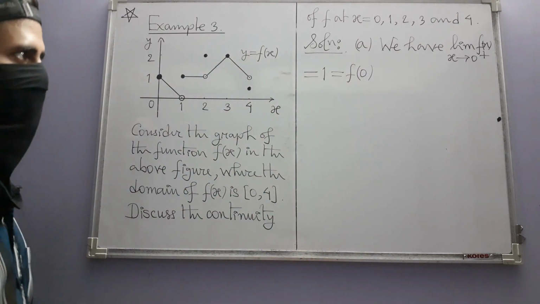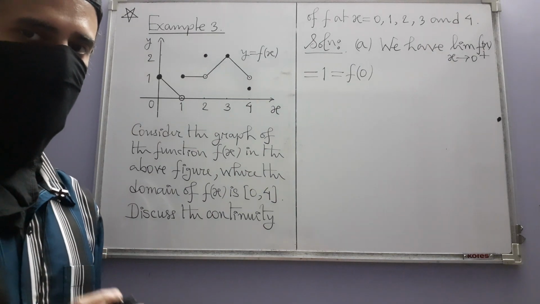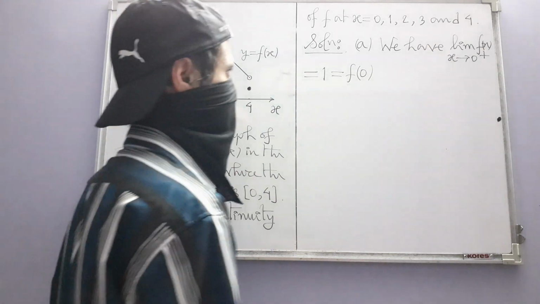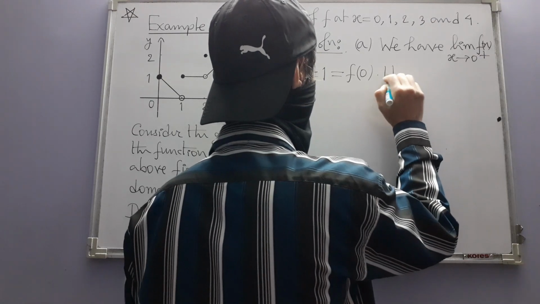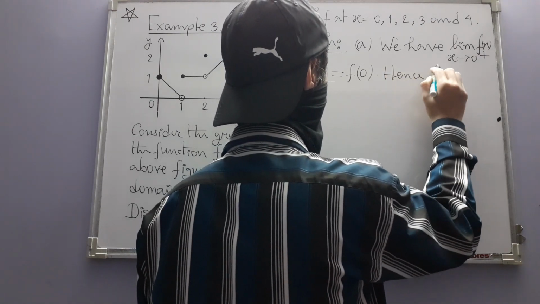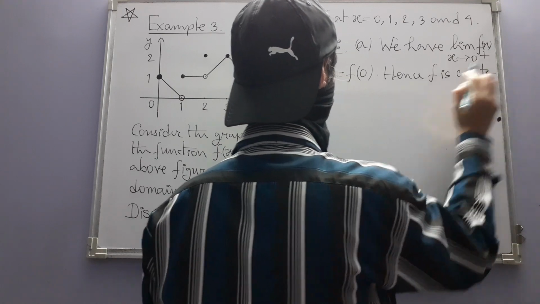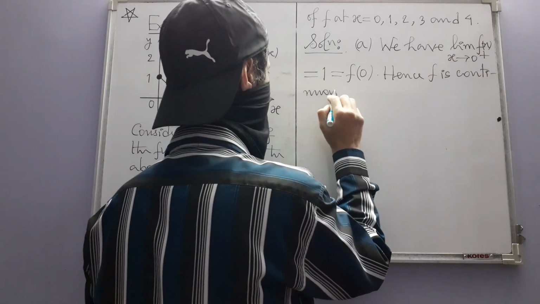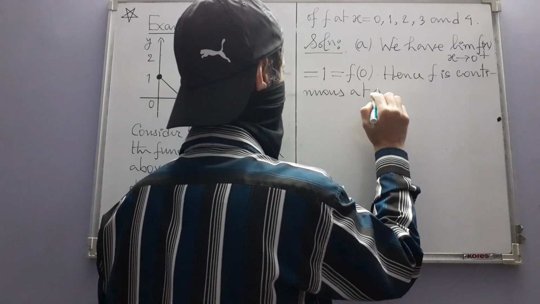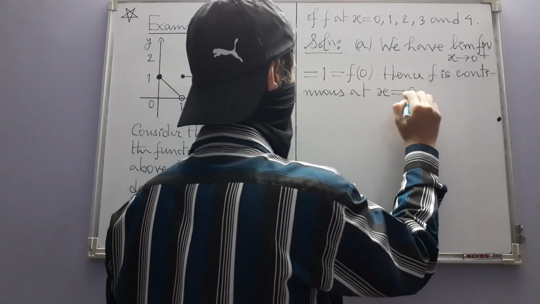So that means our function is continuous at 0. Hence, f is continuous at x equal to 0.